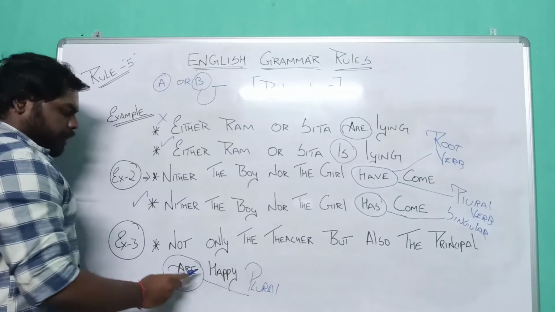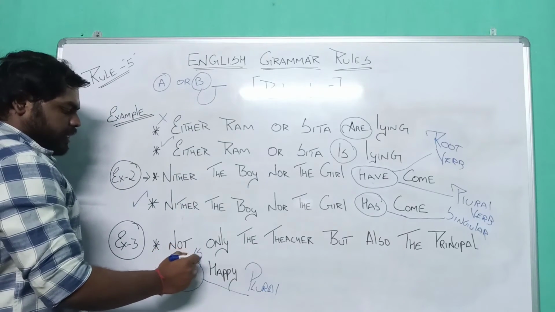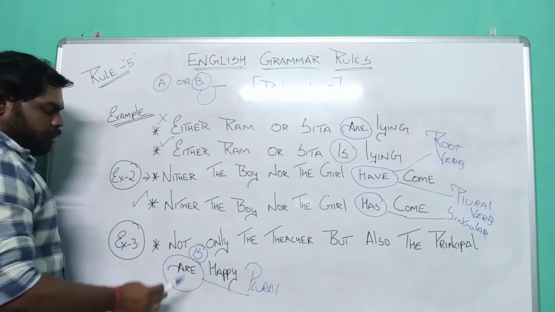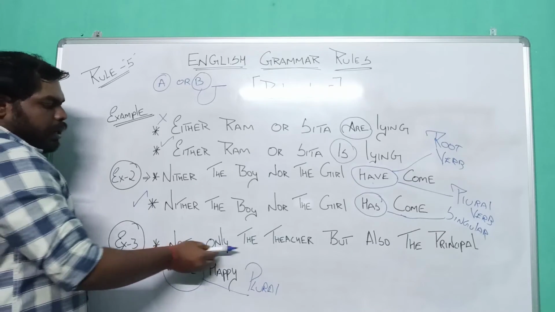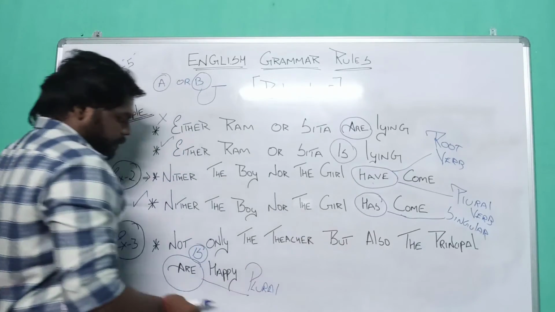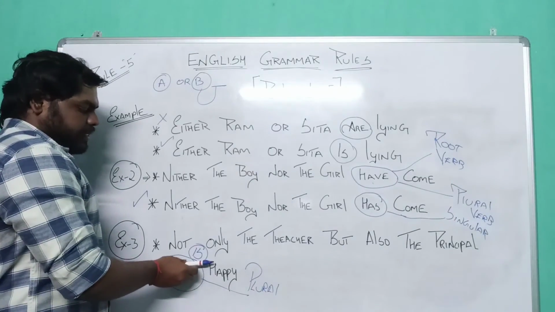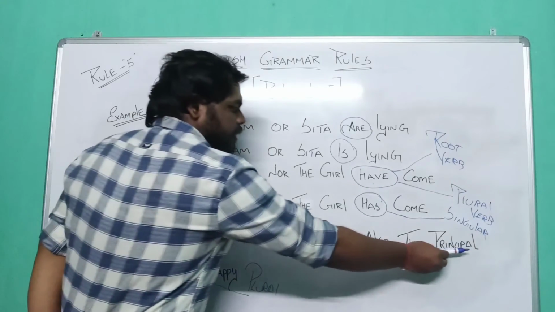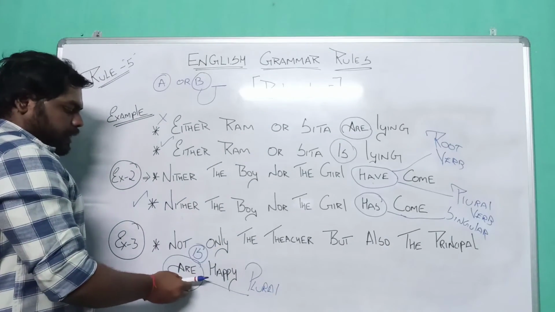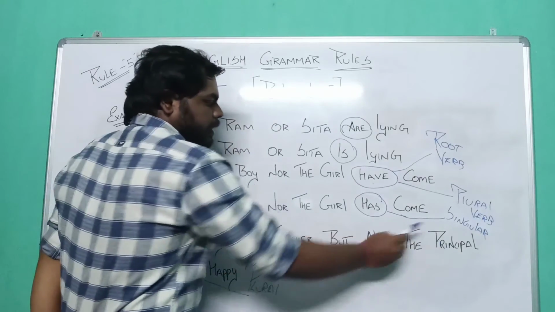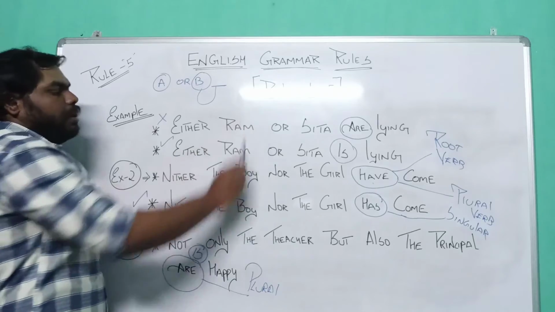So we should use a singular form here, which is is. So the right form of the sentence is: not only the teacher but also the principal is happy. We should use a singular verb with the singular subject. The verb should agree with the nearest subject. That is what rule number 5 says.